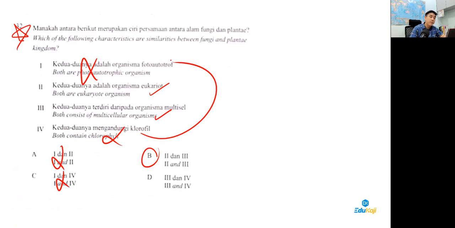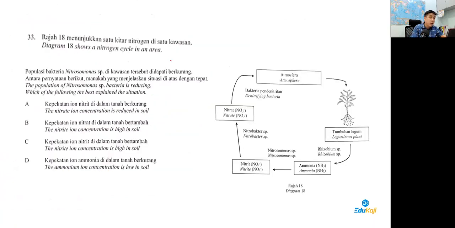32 answer is boy. 33 nitrogen cycle. Population of Nitrosomonas is reducing. Now, when the population of Nitrosomonas is reducing, guys, to me, all these types of questions are more like English questions. So, kalau ini berkurang, if this is lesser, common sense, this will be lesser, lor.